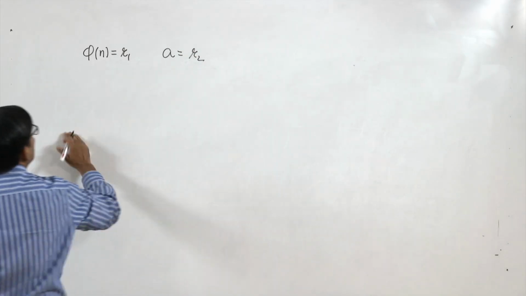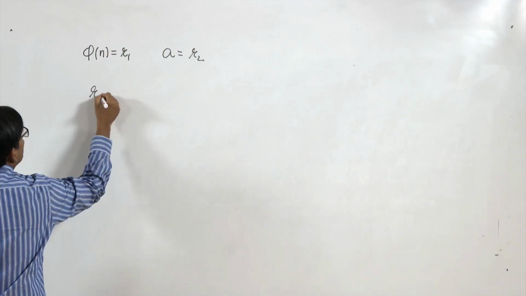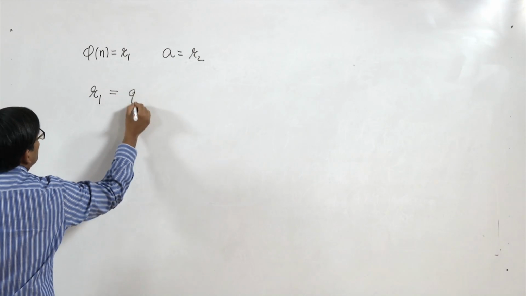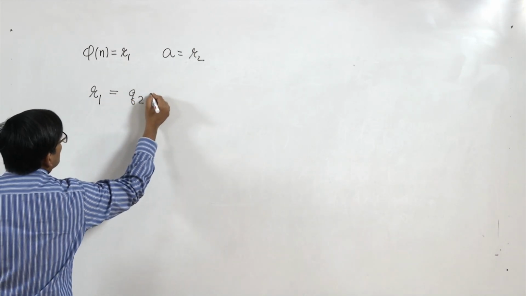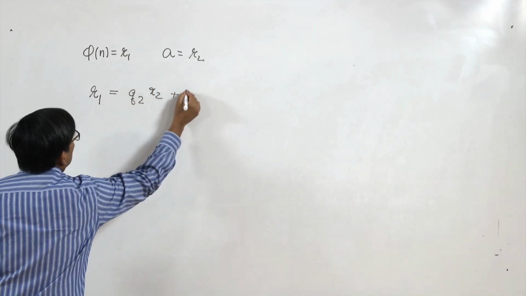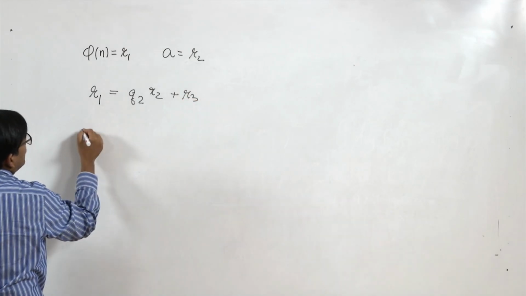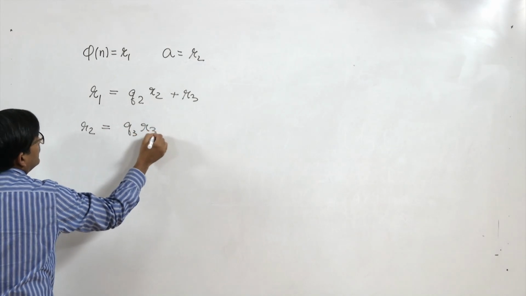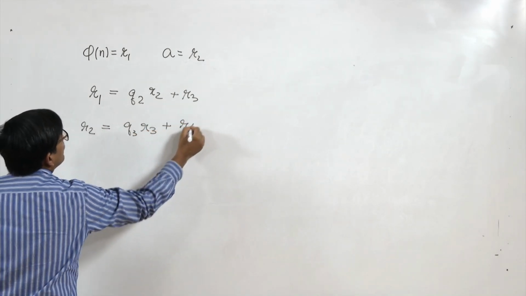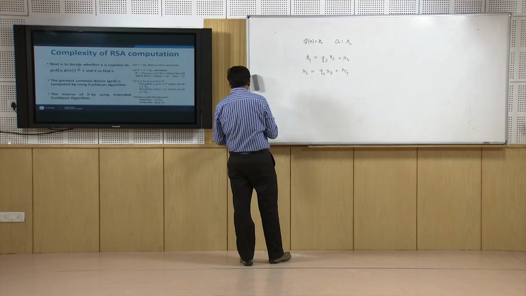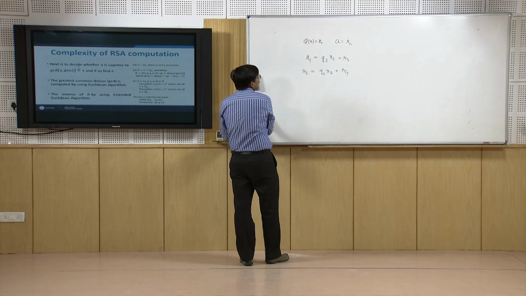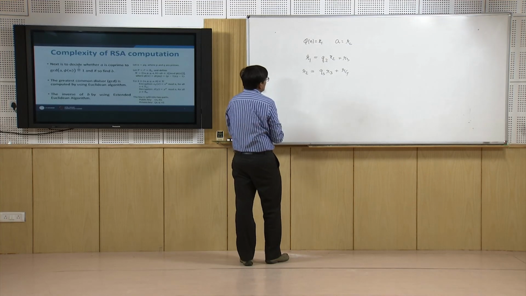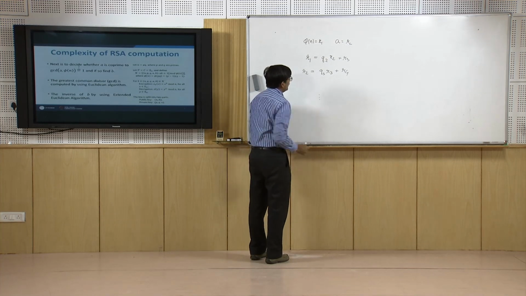Then what we can do is we start off with R1 is equal to Q2 R2 plus R3, then R2 is equal to Q3 R3 plus R4. So, we can go on like this, and ultimately we will have the GCD.